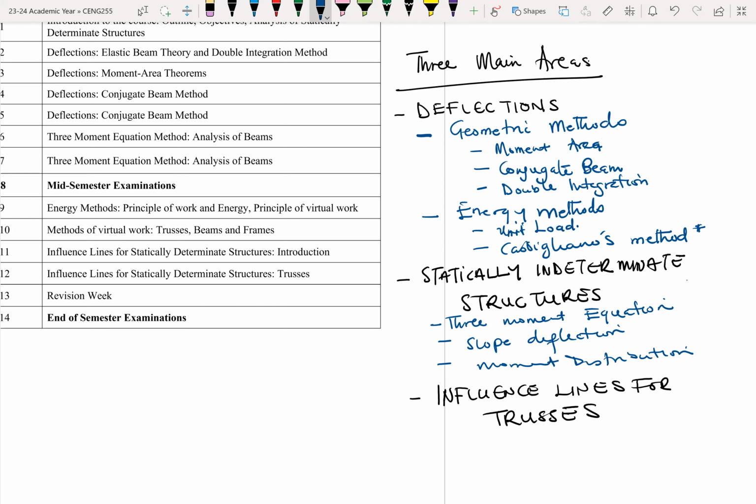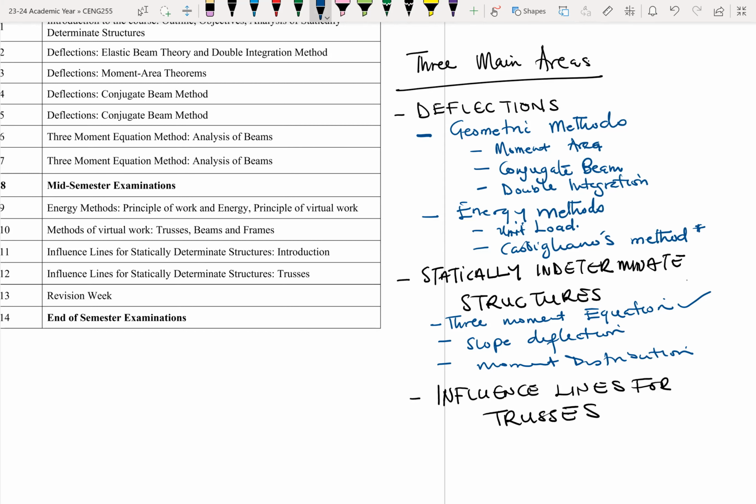We have the force method, right? Some of them are called displacement methods, some are called force methods. We'll look at some of these things. I think second semester will focus heavily on some of these broader displacement and force methods, right? But for this semester, we are looking at the three moment equation method.